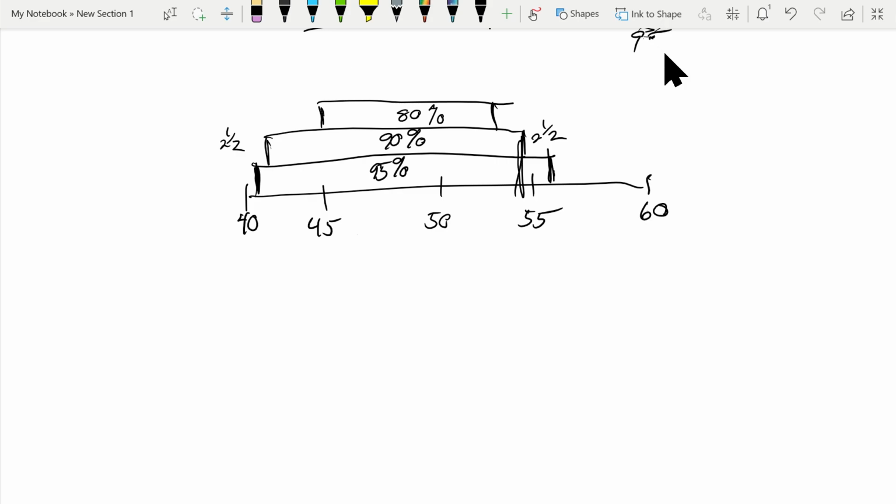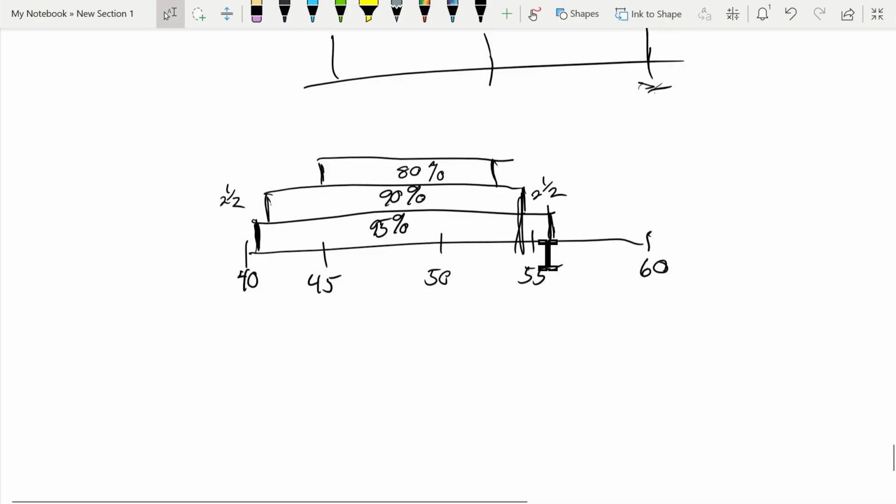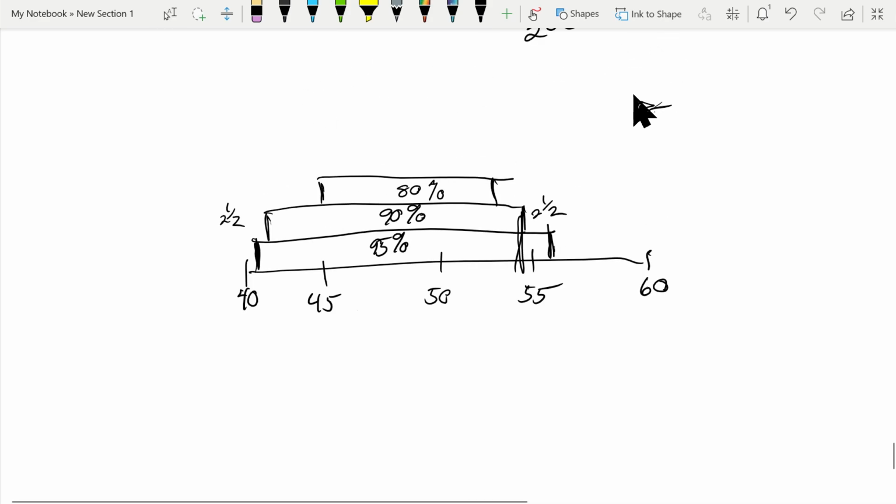I got more stuff here than I need. The 68% interval is 45.3 to 52.5. 45.3, whatever it is exactly, it's inside of that.